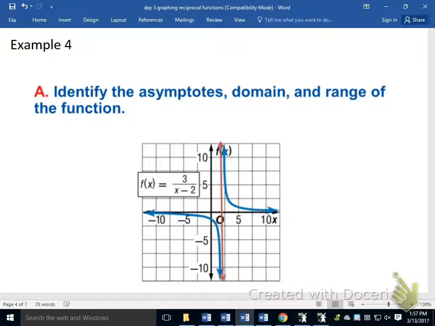On this next problem, we're going to identify the asymptotes. You can actually do that from the function, without having to see the graph. First, figure out the vertical asymptote by taking the denominator, which is x minus 2, and setting it equal to 0.